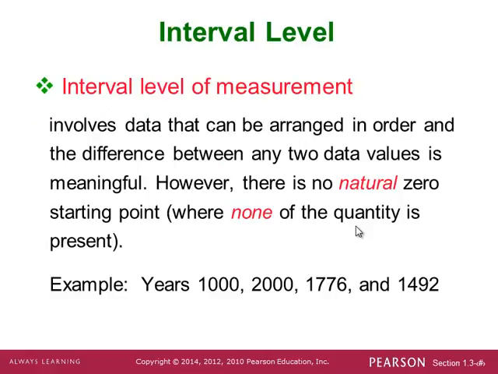Now, here's the third level, the interval level, which is more of the quantitative type of data, in which they're numerical in nature, they can be arranged in order, and the difference between the numbers could actually be meaningful. You know that there's a greater distance between 1,000 and 2,000 compared to the difference between 1776 and 2000.